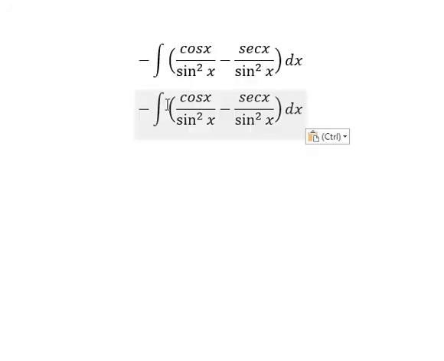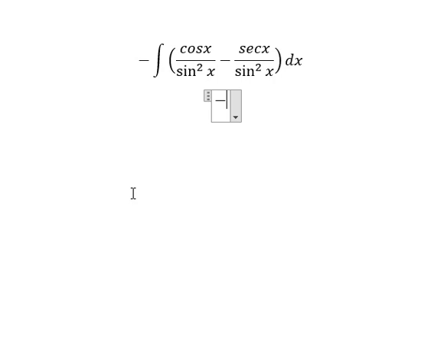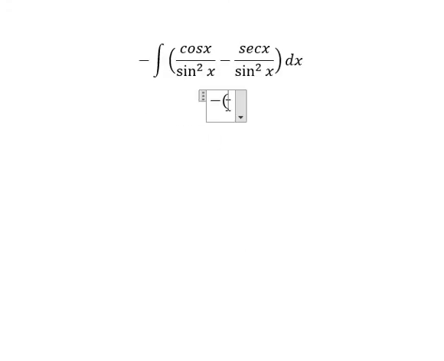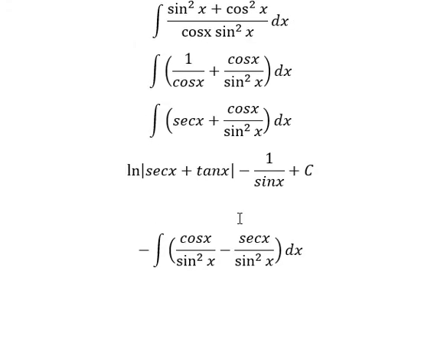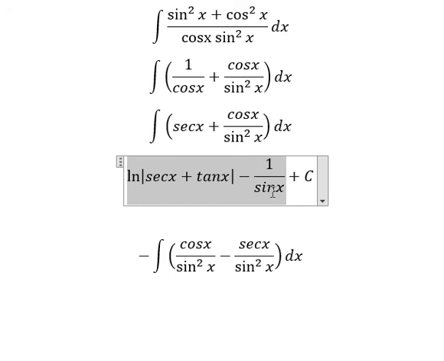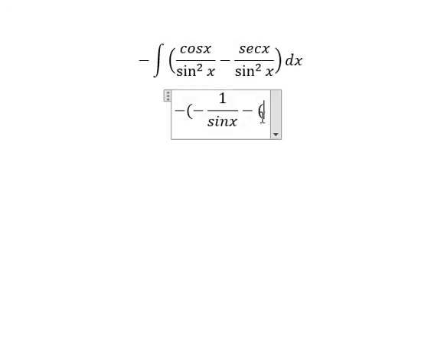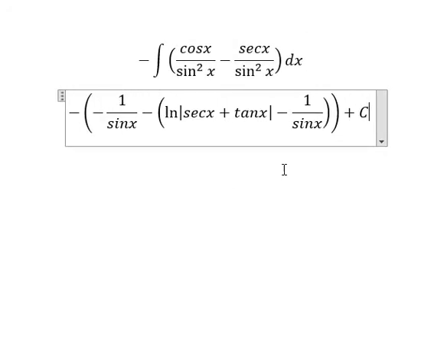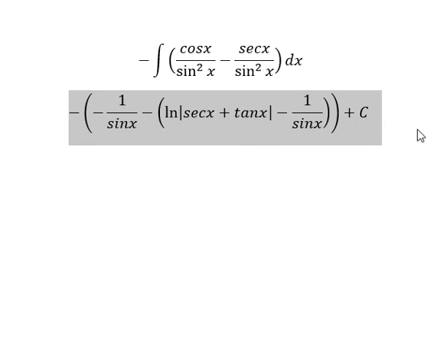So we have negative in here, so we keep the negative. Cosine x over sine x squared, that is about this one. Minus this one, that is about this one. Now we need to simplify.